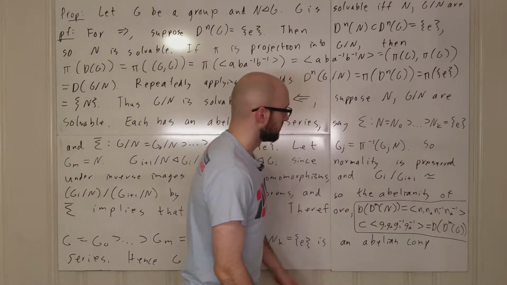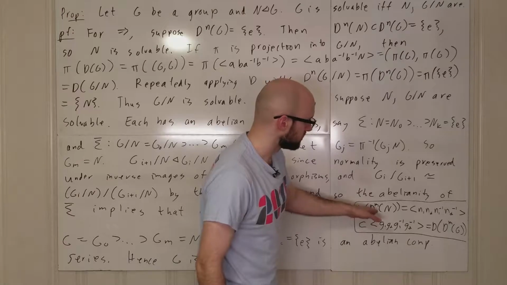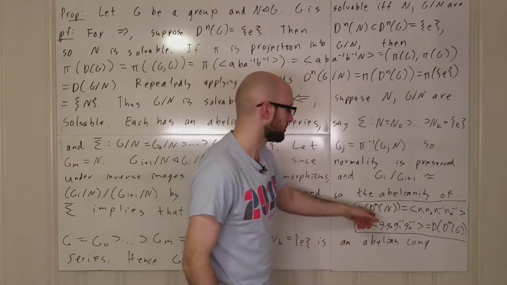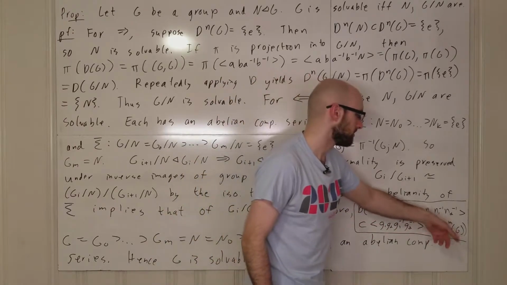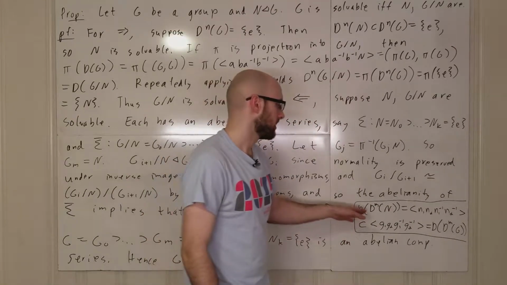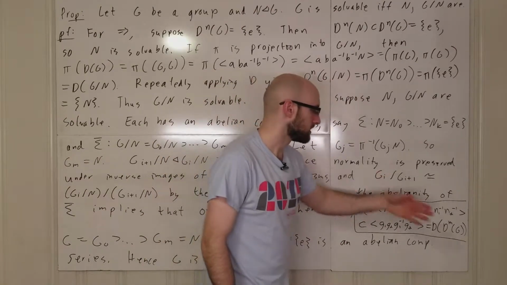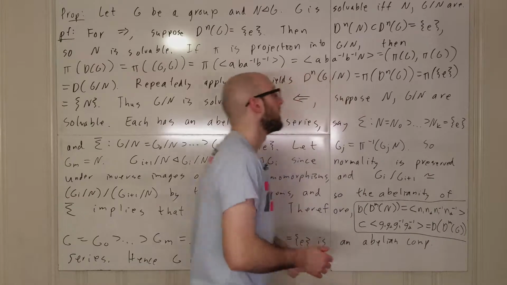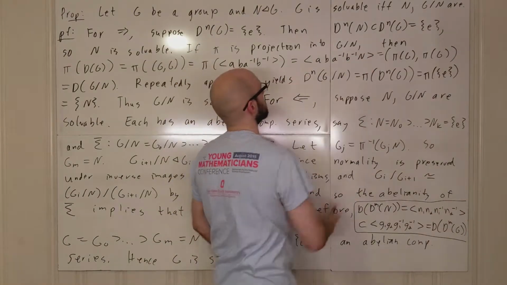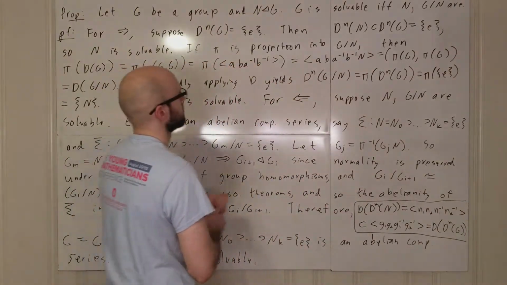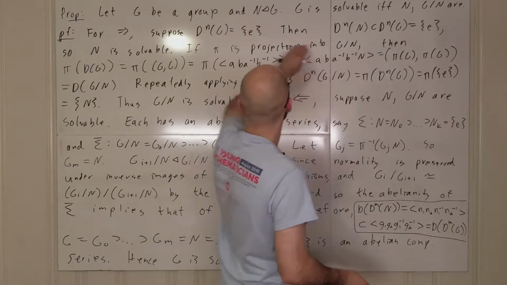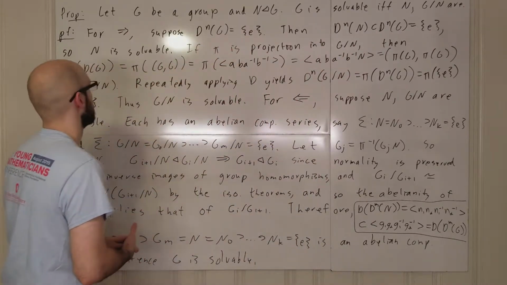And then this inclusion holds because of the inductive hypothesis, which is that d^m(N) is contained in d^m(G), and therefore we get d^(m+1)(N) is contained in d^(m+1)(G), and that completes this induction argument.